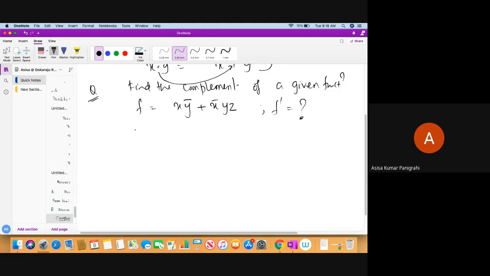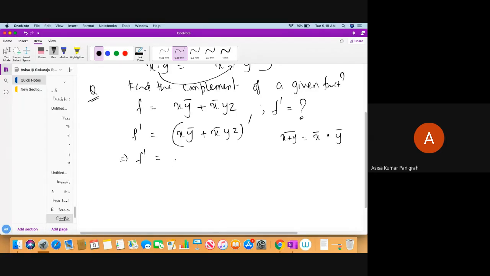In order to find F bar, this function is given to you, on both sides you just make bar. Do you all understand, students, what I did? This side I made complement, this side also I have to make complement, nothing else. Now can I write it this way, F bar is nothing else, if I apply De Morgan's theorem here, x y bar whole bar is nothing else, break the bar and change the operator.